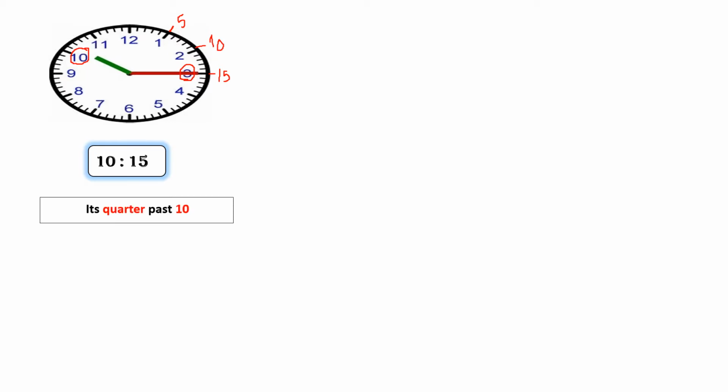Here at 1 it is 5 minutes, at 2 it is 10 minutes, at 3 it is 15. So the time in digital is 10 and 15 minutes. If you want to say it in analog, it is a quarter past 10.